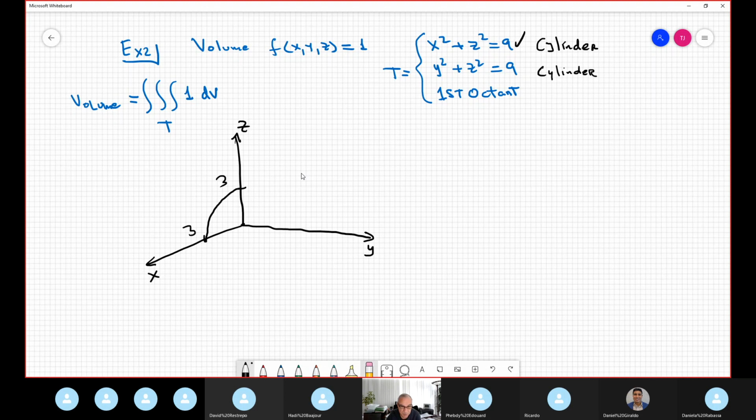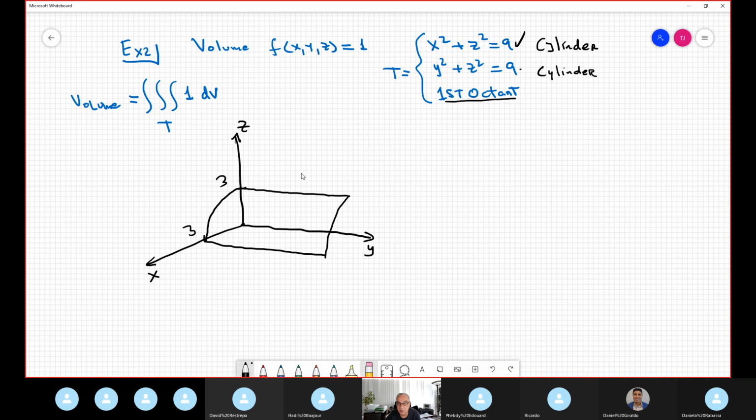This is my first cylinder, and it continues. I draw only the part belonging to the first quadrant. There is no constraint specified, so it is a complete cylinder. And what about the second?